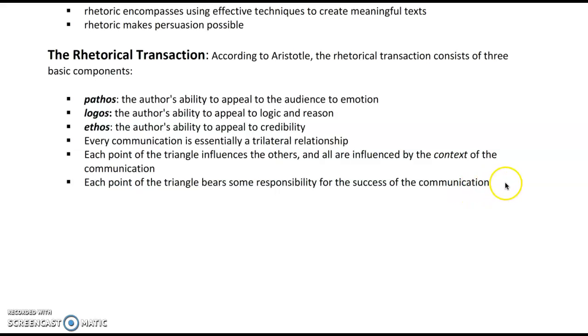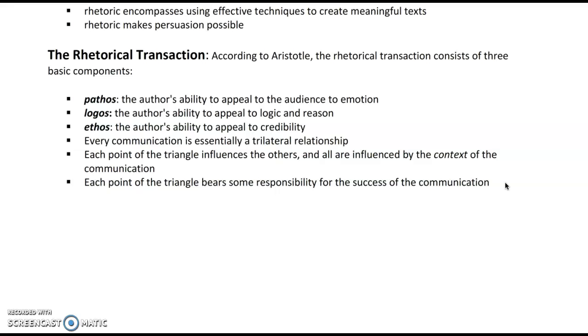Now, each point of this triangle bears responsibility for the success of the communication, and in your case, it's the success of argumentation and persuasion. Now, again, you will use this for all of your argumentation and persuasion that you do in this class. So you'll start out with this classic rhetoric part, and you'll add the modern rhetoric as we go forward.